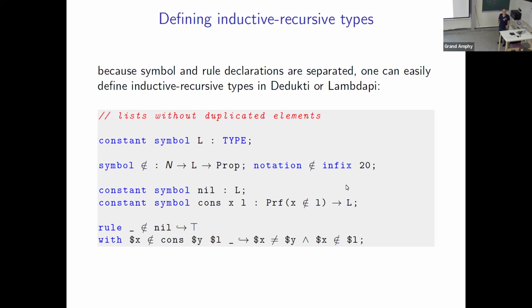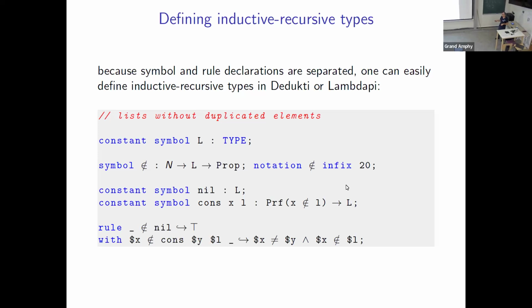So this is what we call an inductive recursive type. But it's very easy to do this in LambdaPi because symbol declarations and rules are completely separated. So you can make a declaration and then later some rules and even later some other rules on the same symbols, as long as everything is preserving all the properties.